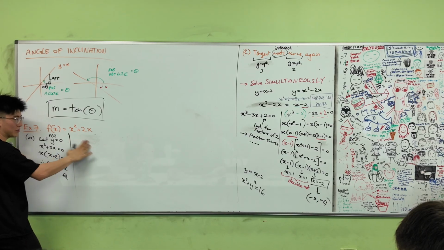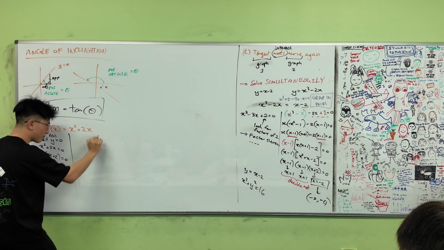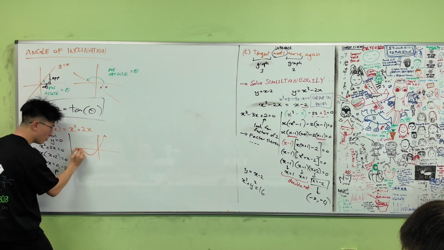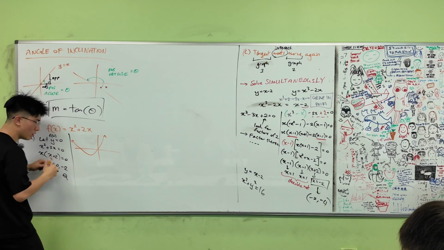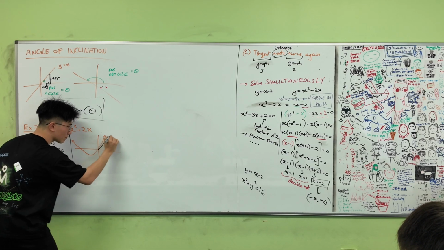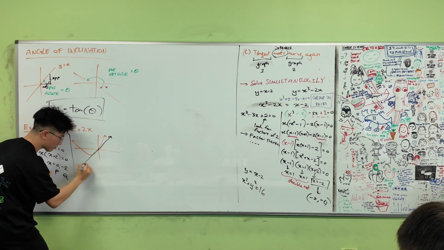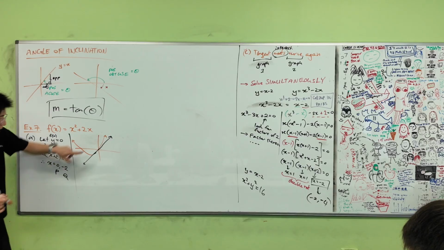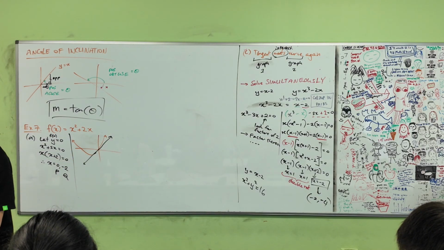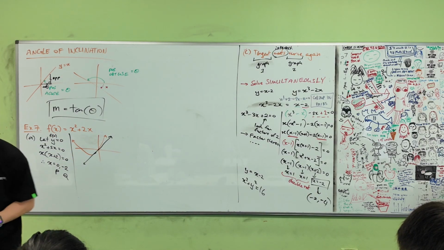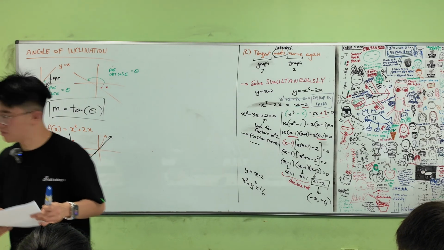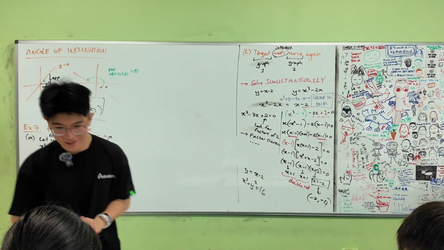The tangent, would you guys agree? Okay, actually, let me draw you a better curve since we're going to do it properly. My bad. What's that point again? Oh, was it P?